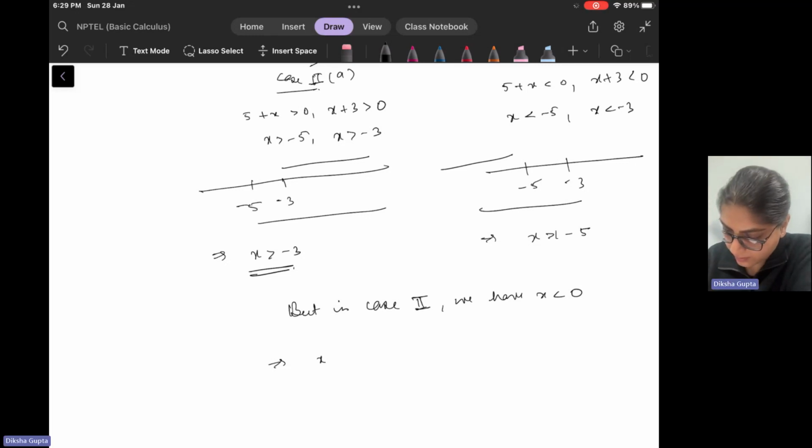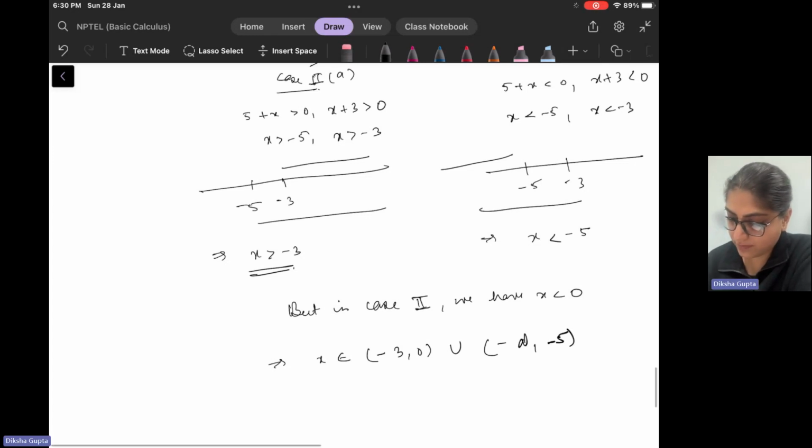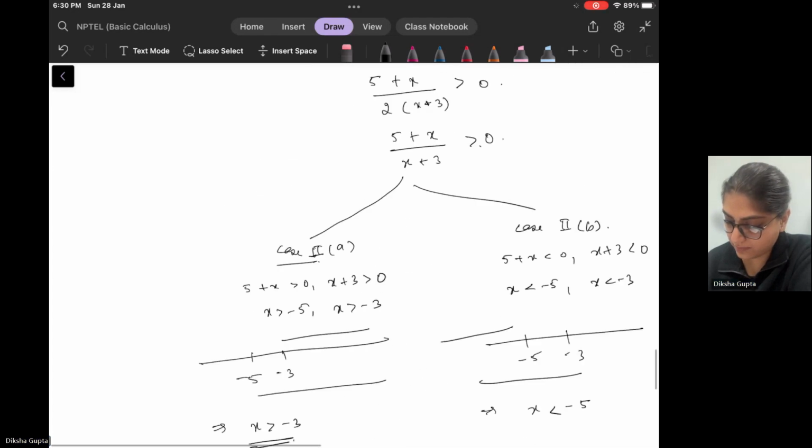So x greater than minus 3, it will be x belongs to minus 3 to 0, union minus infinity to minus 5.